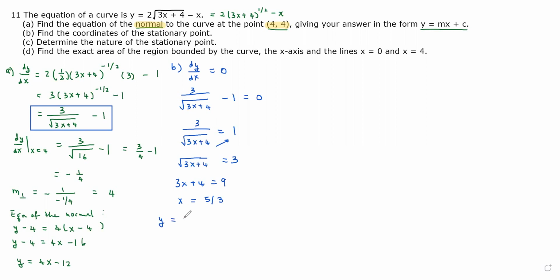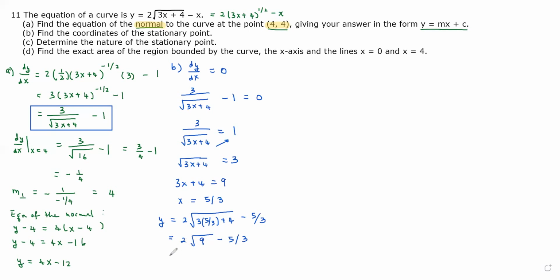Then y is 2 square root of (3 times 5/3 plus 4) minus 5/3. And we have 2 square root of 9 minus 5/3.